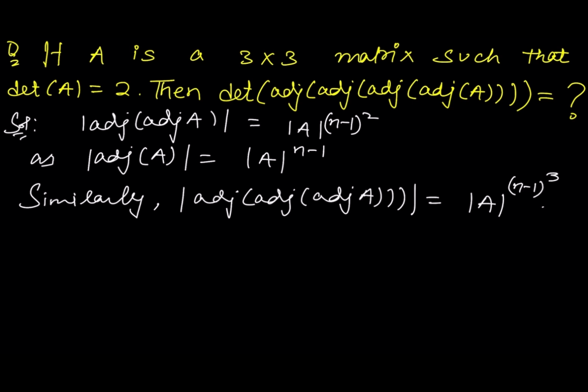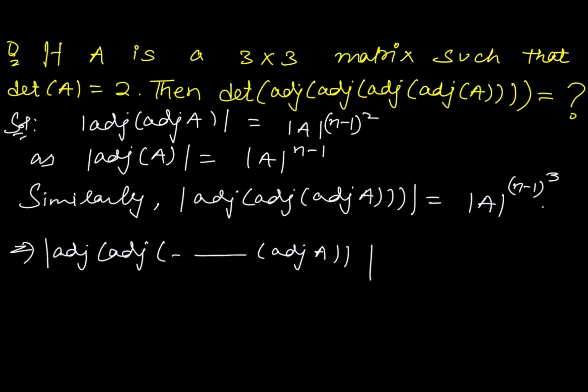So we can generalize this formula as determinant of adjoint of adjoint of A, meaning I am taking here k adjoints. So there would be power n minus 1 whole to the power k, or you can say it is equal to determinant of A whole to the power n minus 1 to the power k, right?